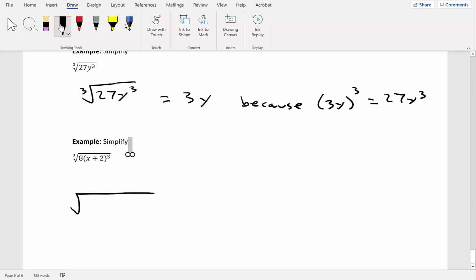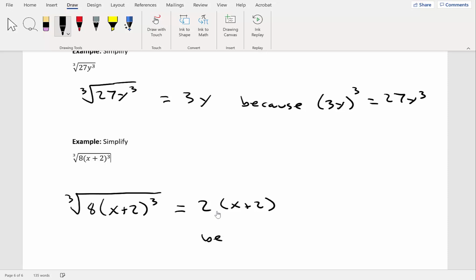Last problem. Now we have the cube root of 8 times (x + 2) cubed. First, let's take a look at the cube root of 8. What number raised to the third power gives us 8? In this case, it would be 2. And now the cube root of (x + 2) to the third would give me x + 2.